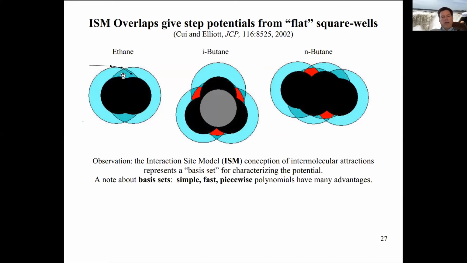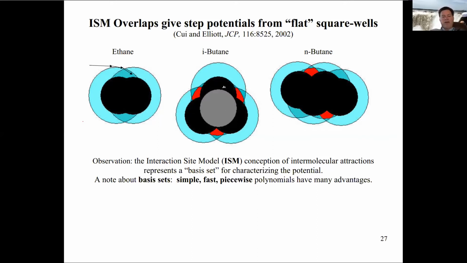Then it's going to hit the other interaction site due to the bound atom, and it's going to get pulled in again. So the energy inside this gray region is double the energy outside the square well. Now this thing that we thought was a square well potential is actually a two-step potential. We have this depth of energy, and this depth of energy, and then we have nothing.